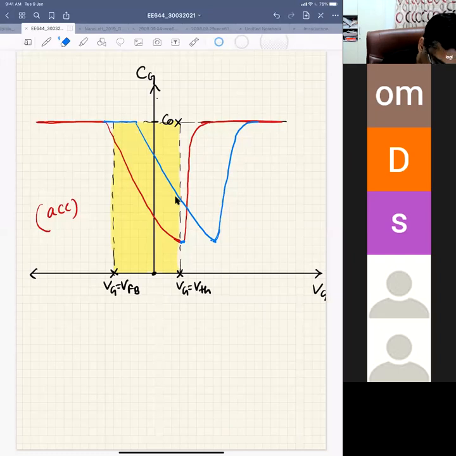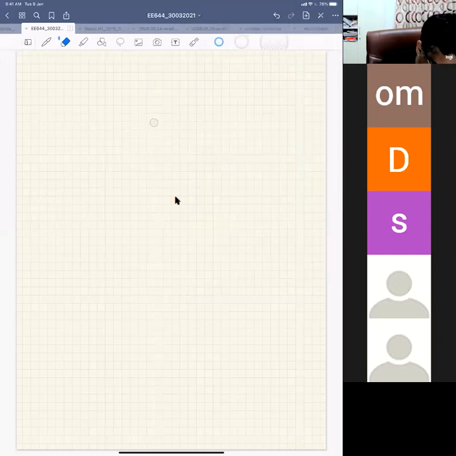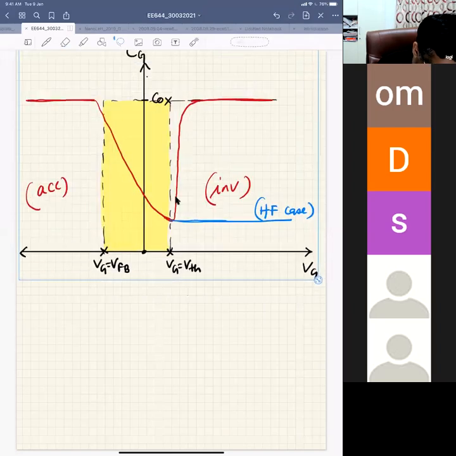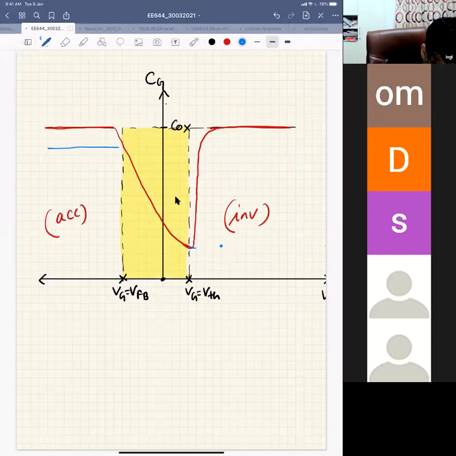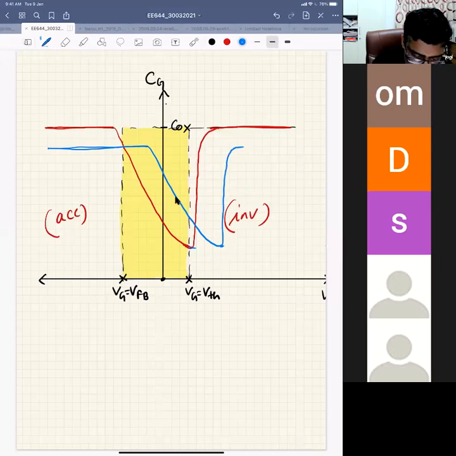Right. So if your threshold voltage changes because you change the oxide thickness, your threshold voltage will move, but your capacitance will also change, right?